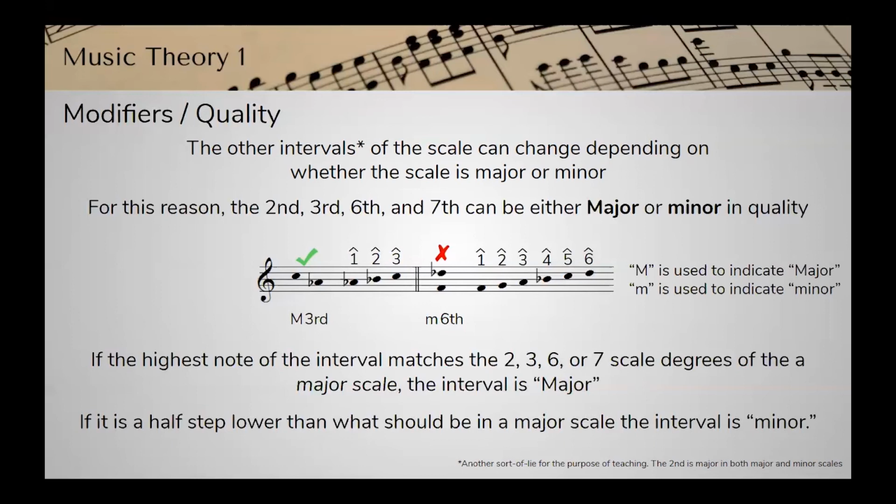So our C to A flat, we compared that top C natural to an A flat major scale. We determined that that C matches what the third should be, so that is in fact a major third. Then we compared our F to D flat in the second measure, and we determined that that doesn't match the sixth note of an F major scale. It's a half step lower than it should be, so that's a minor sixth.